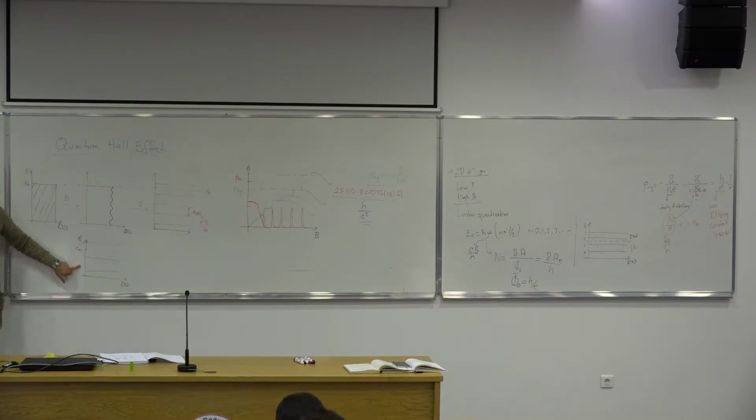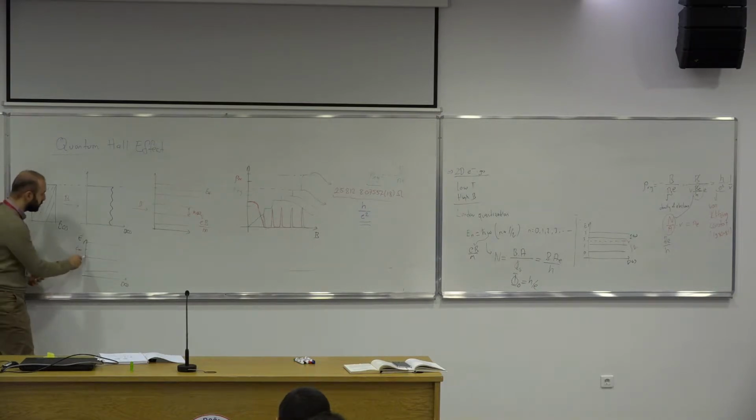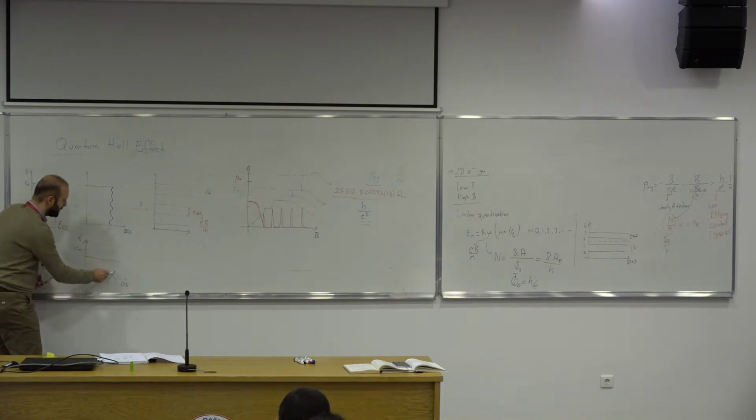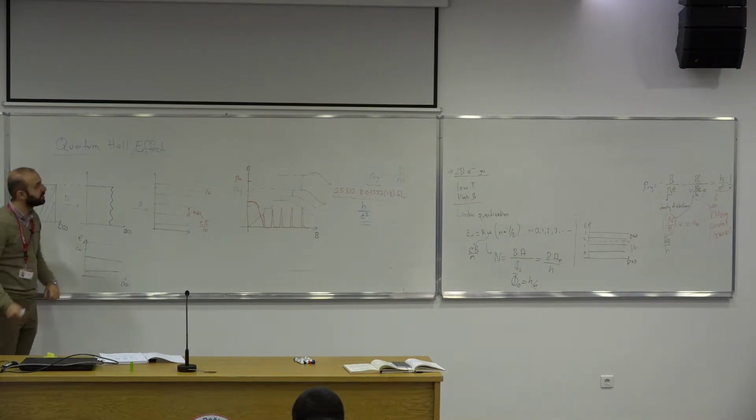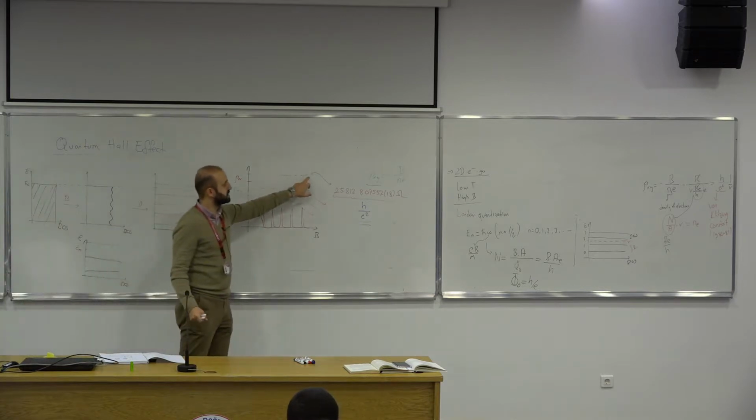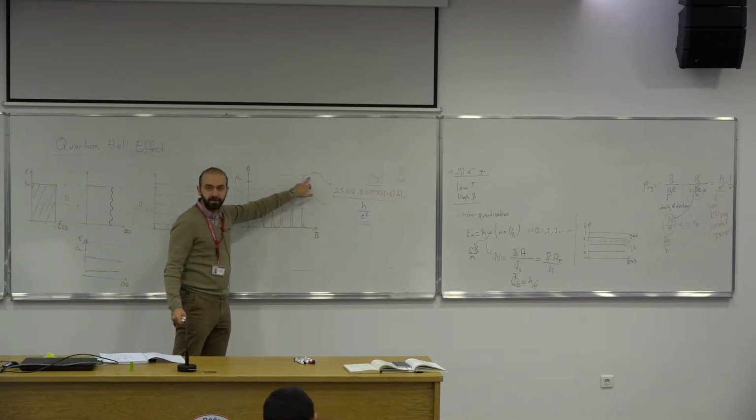So see, I only ended up with 2 Landau levels below the Fermi level, which defines that I can only fill up these states. Okay? So if I keep increasing the magnetic field, this will go above the Fermi level. So I'll end up with a single Landau level, which will be exactly this point.